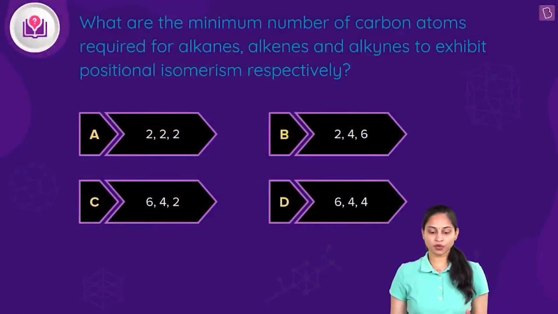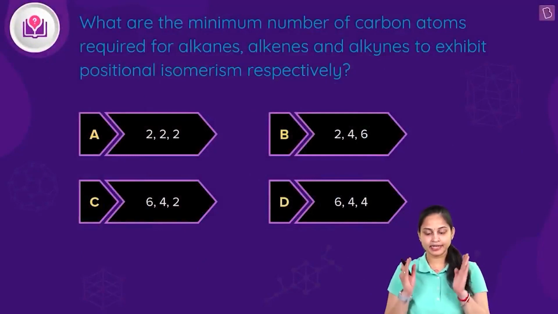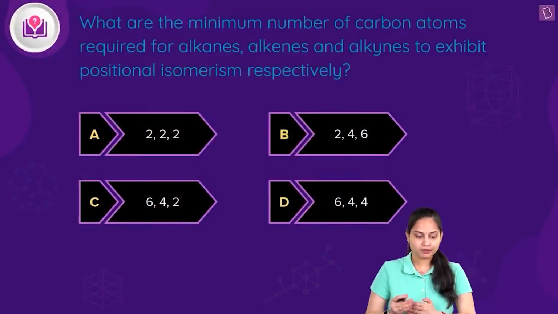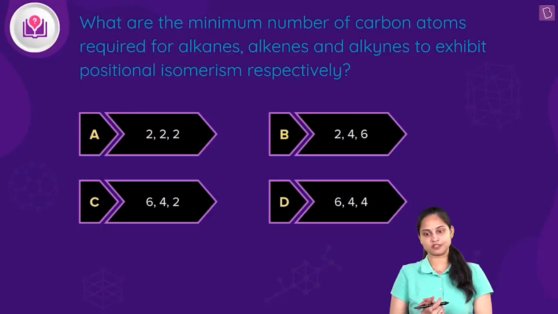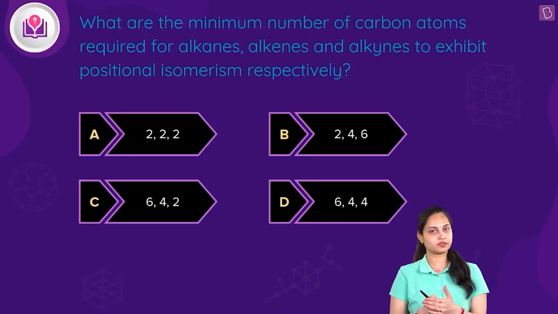Question over here is, what are the minimum number of carbon atoms required for alkanes, alkenes and alkynes to exhibit positional isomerism respectively? Before we go with the solution part, let us understand what we mean by positional isomerism.